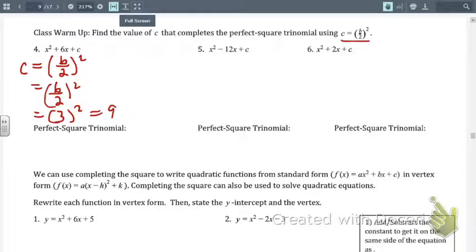So our c is equal to 9. So the perfect square trinomial is x squared plus 6x plus 9. Alright, next one.